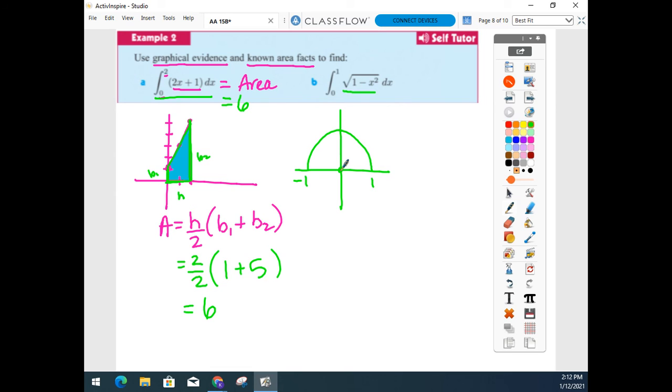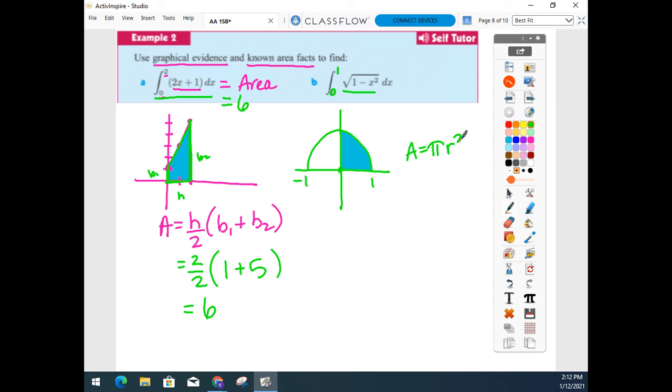What's important here, though, we're going from where x is 0 to 1. So we are only looking at that portion of the circle. So this little quadrant here is a quarter of a circle.